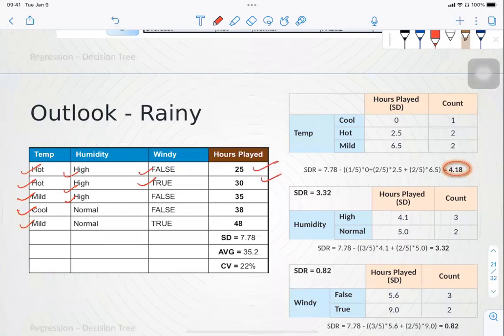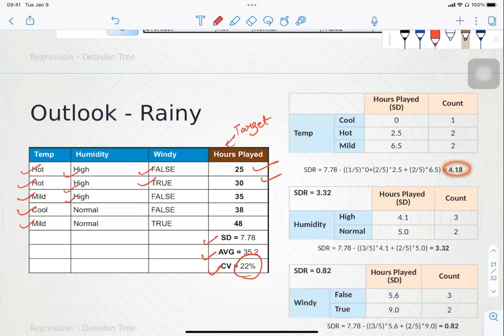And we also had the training data, that is the target variable. And we calculate the standard deviation, average, and coefficient of variance. As you can see, the coefficient of variance is high. So we'll further classify it into each and every category inside rainy.